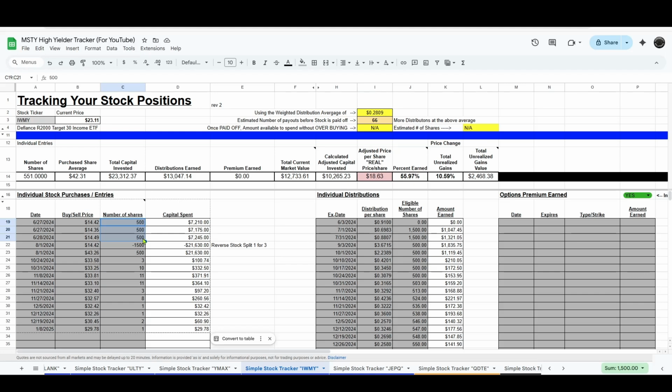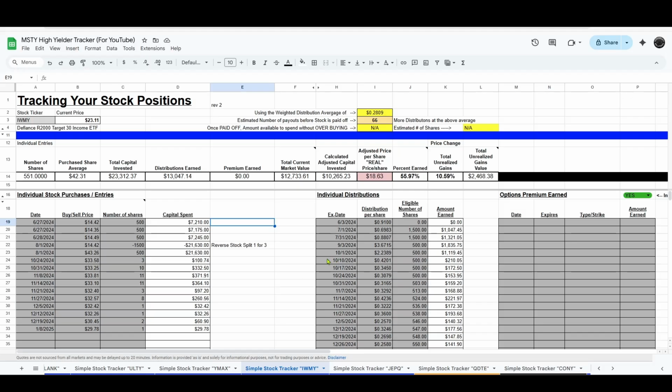Ouch, right? Now, a lot of people will say, well, you still have the same value. And you do, right? Because the shares get cut by 3, but the price increases by 3x. So in the end, it is a wash, but the problem is if that price decreases from there, now you're looking at that price for those 500 shares decreasing.